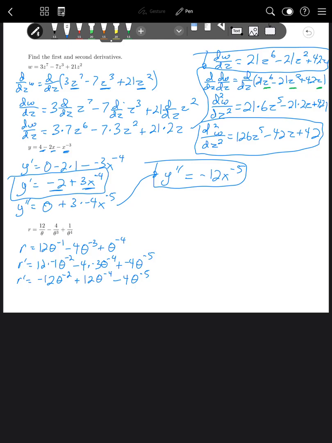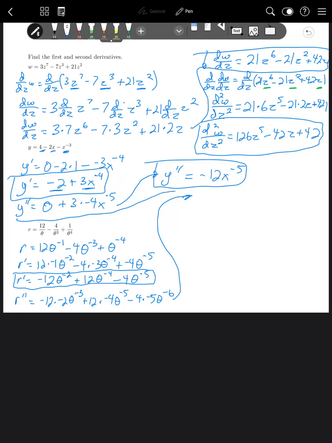Okay, and then we could do the second derivative. So that's the first derivative, right? And then we can do the second derivative the same way. So r double prime would be negative 12 times negative 2 theta to the negative third plus 12 times, I missed a term there, 12 times negative 4 theta to the negative fifth minus 4 times negative 5 theta to the negative sixth.